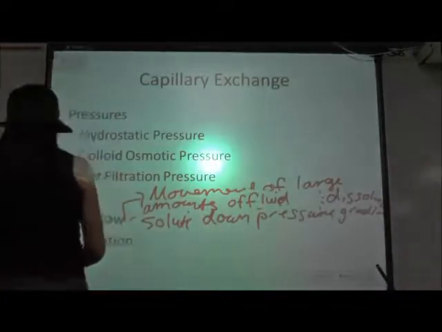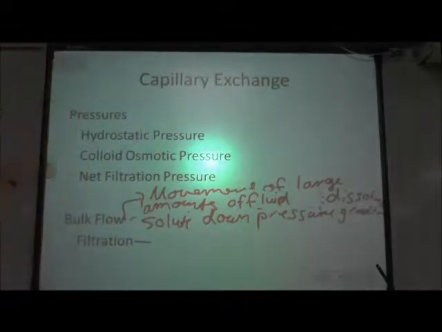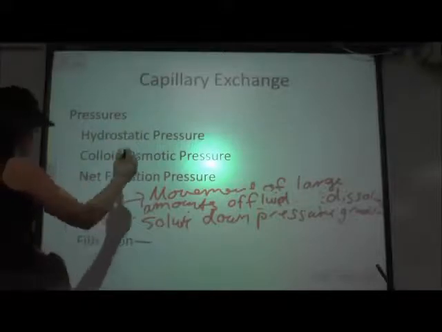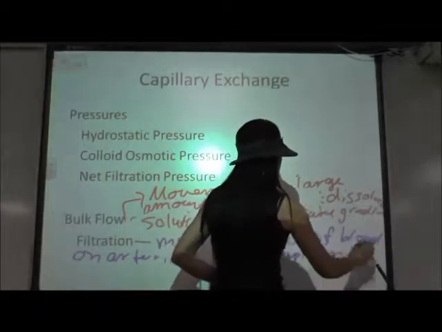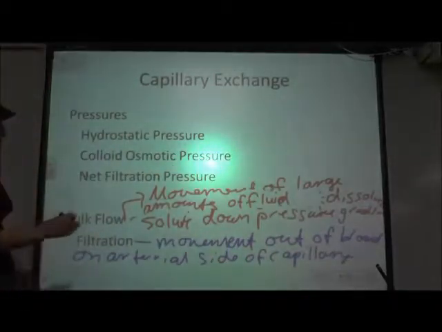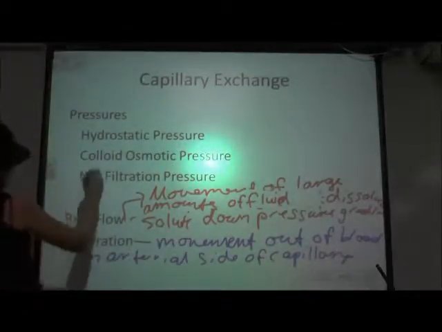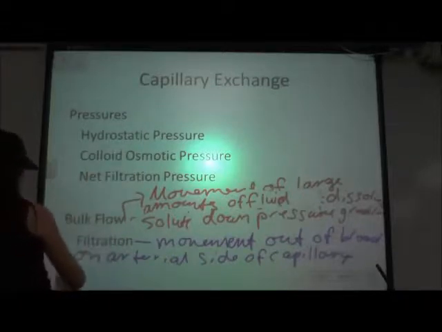So filtration is the movement of particles out of the blood on the capillary end due to hydrostatic pressure, which is our blood pressure. So we could say it's the movement of things out of blood on the arterial side of the capillary bed, because our hydrostatic pressure is greater than our colloid osmotic pressure.